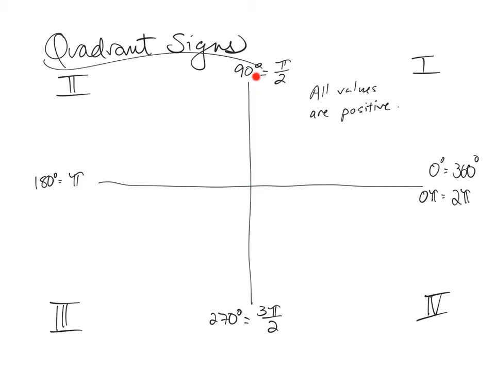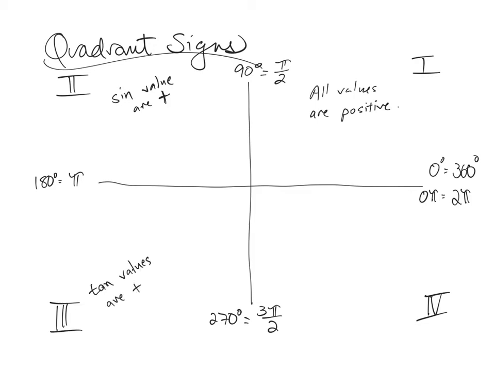Now it starts changing as we start moving around the quadrants, and you can see we're moving in a counterclockwise motion here. Over here in quadrant 2, it's going to be sine values are positive. In quadrant 3, it will be tangent values are positive.